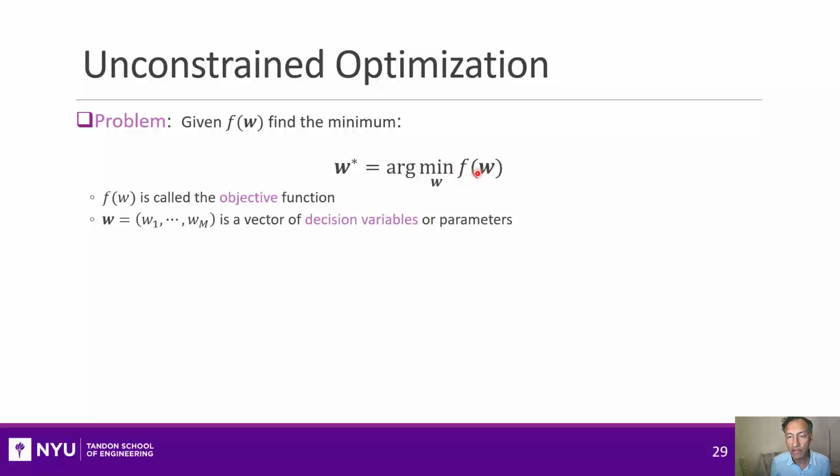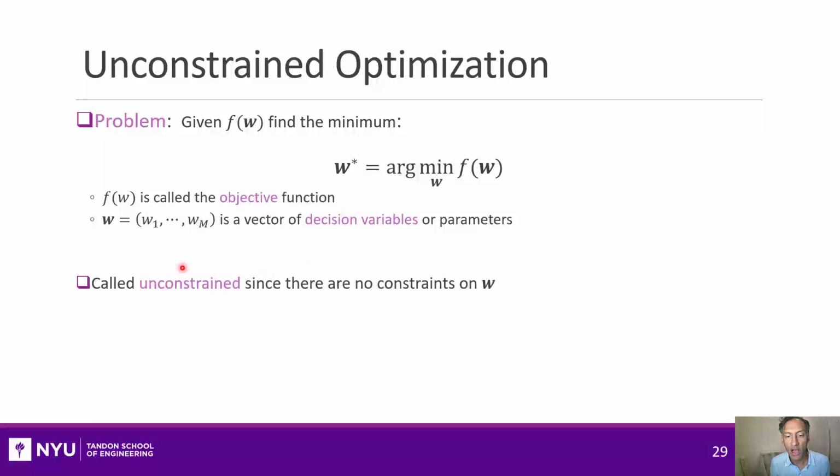In optimization lingo, f of w is called the objective function, which usually for machine learning problems will be the loss function. And w are sometimes called the decision variables, but these in machine learning would typically be the parameters of your model.